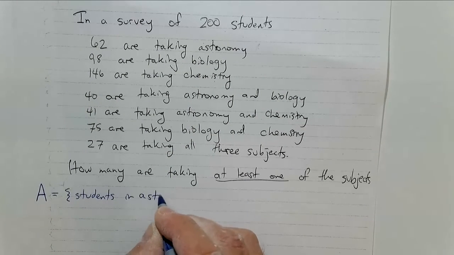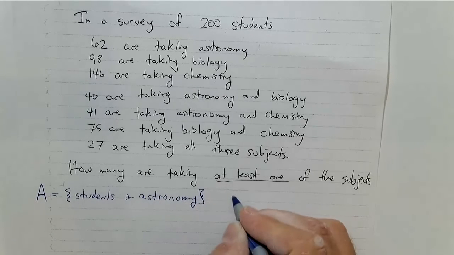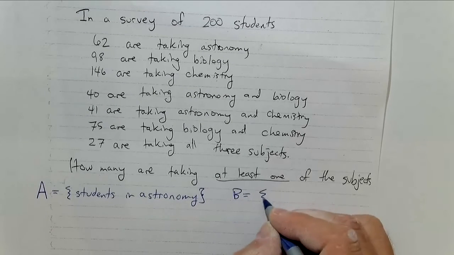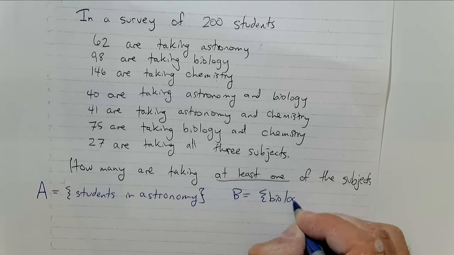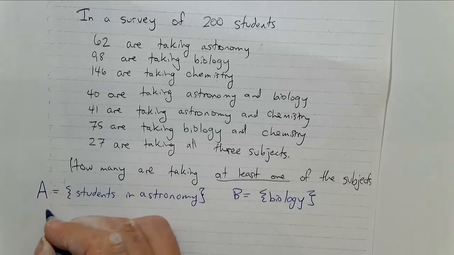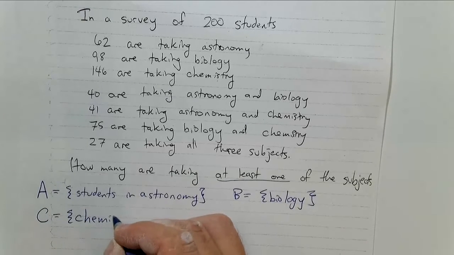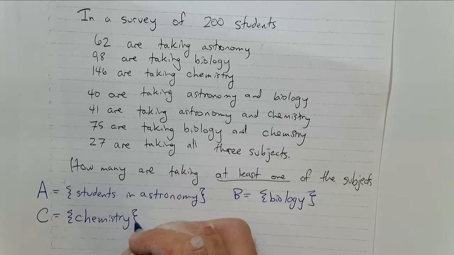A, so this is the set of students taking astronomy. B is for biology. And just to save myself writing so much, I'll just do it like this. C for chemistry.